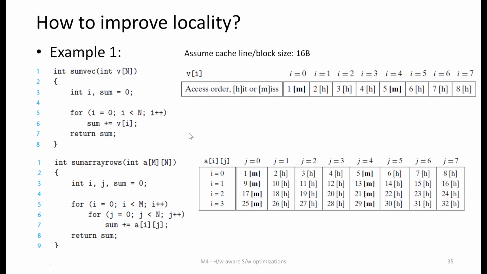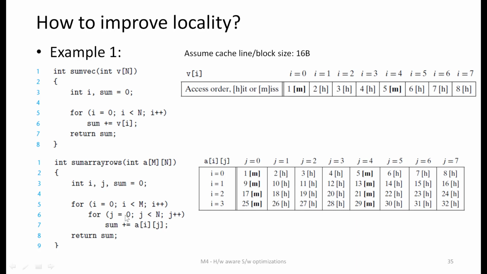If we try to visualize the way accesses would be across multiple iterations of the loop, we have the outer loop of i and the inner loop of j, and we would access a of i, j for j from 0 to n. It means an entire row of elements of A. So in the very first iteration, i equals 0 and j equals 0, it will be a cold miss, and we would bring a of 0 0, 0 1, 0 2 and 0 3 from the lower levels of cache or the memory.